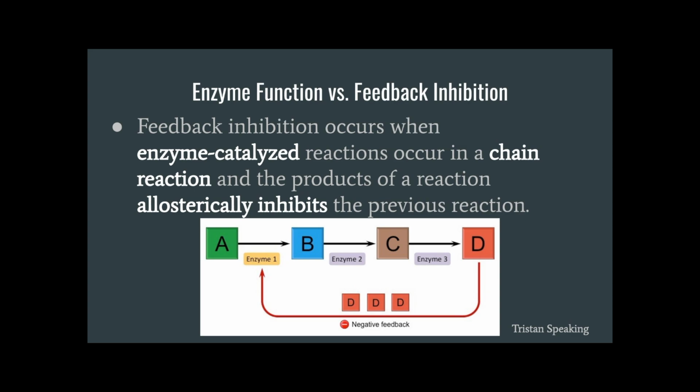Another type of inhibition is feedback inhibition. This occurs when there is a chain or cycle of enzymatic reactions where one reaction allosterically inhibits a previous reaction.